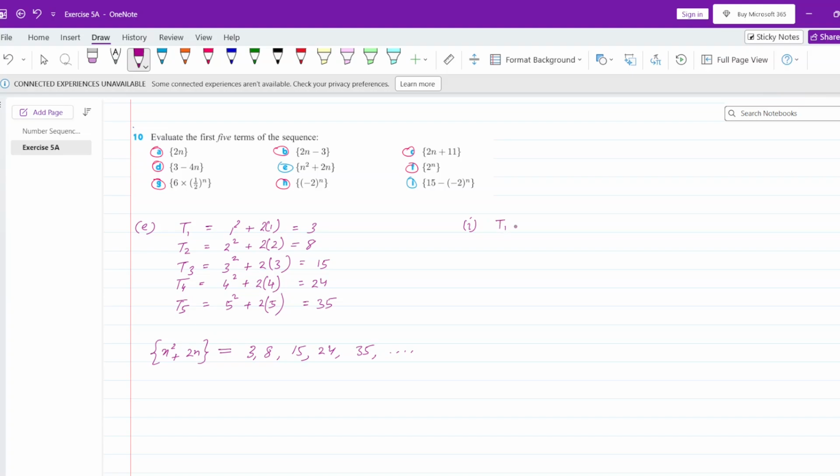For this one, t1 equals 15 minus negative 2 raised to the power 1. This is 15 plus 2, 17. T2 is going to be 15 minus negative 2 raised to the power 2. That is going to be 15 minus 4, 11. T3, 15 minus negative 2 raised to the power 3.